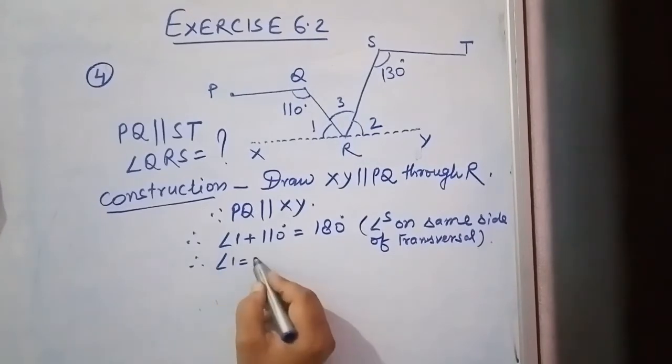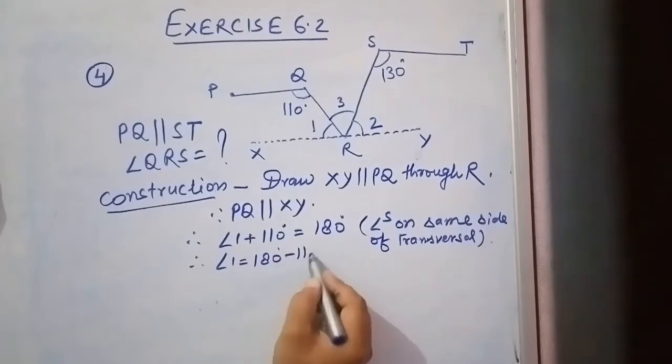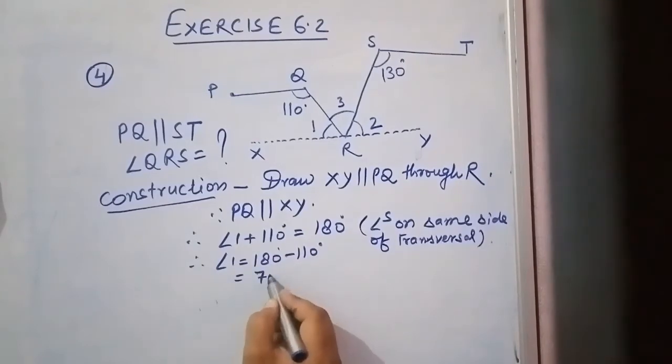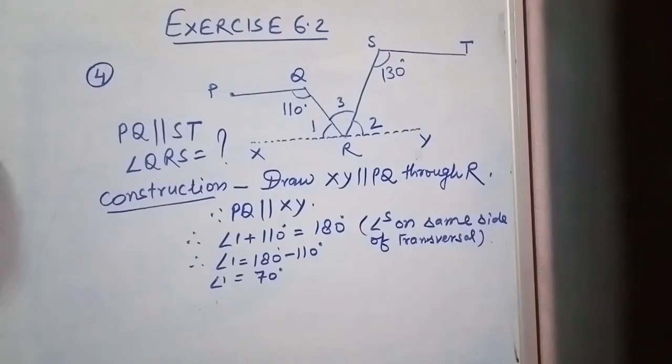Therefore, angle 1 equals 180 minus 110, that is 70 degrees.